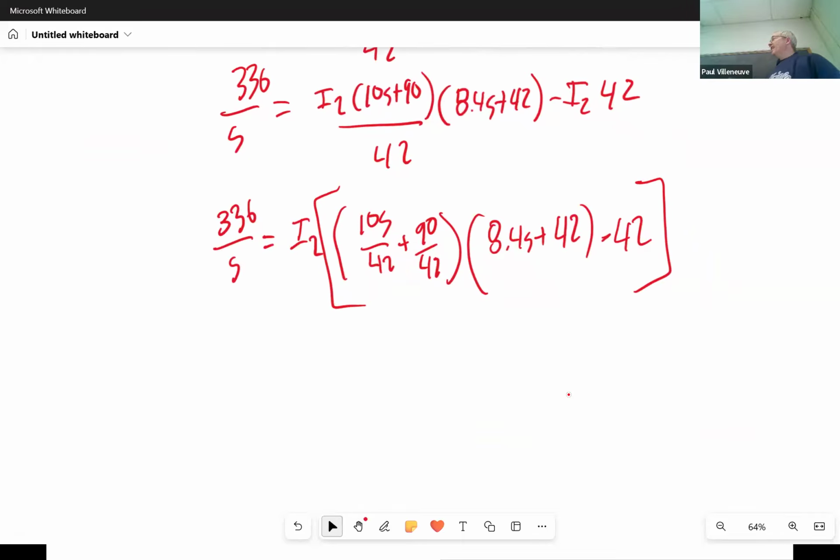So at this point, I just have to solve for I2, right? Which means I've got a lot of math to do. So let's try and do that and see how messy it gets.